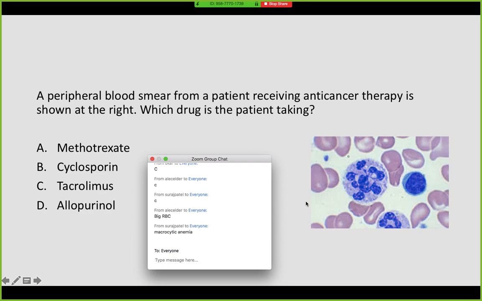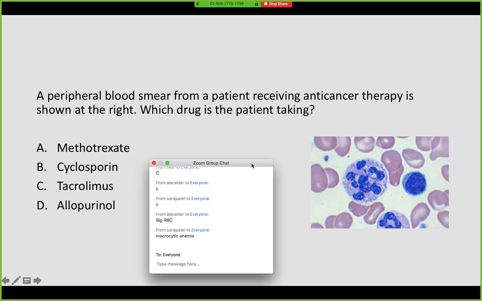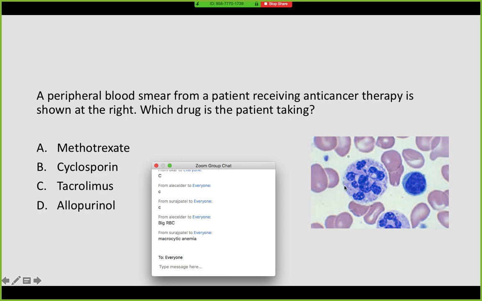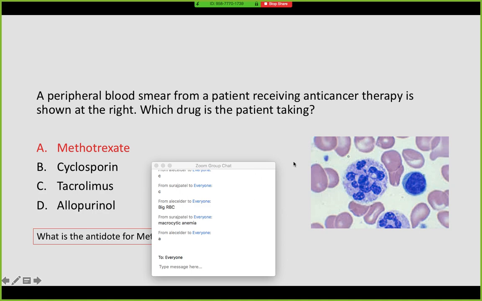That's going to lead you towards a megaloblastic anemia. And this is probably more difficult than the exam, but it's going to help you out. This is stuff that you definitely need to know, starting next year in heme. So megaloblastic anemia. What drug was the patient probably taking? Right, A, methotrexate.